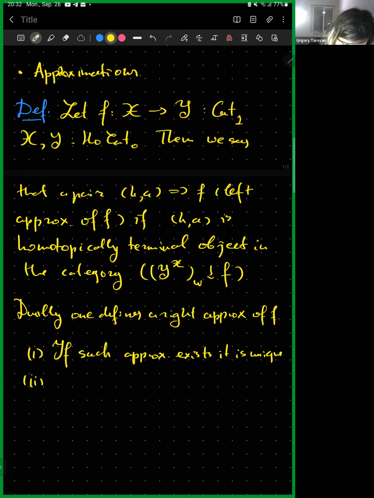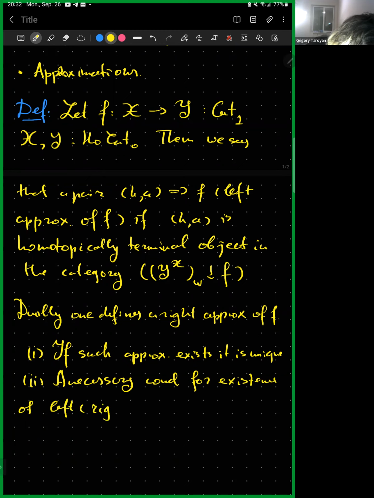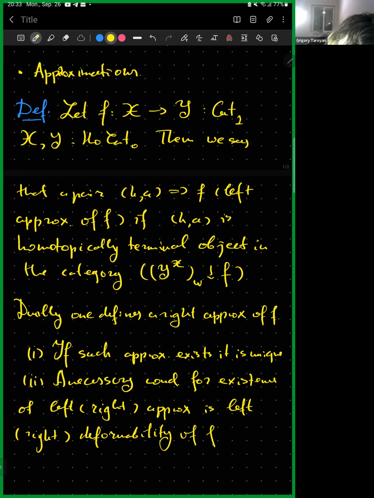A necessary condition for existence of a left or right approximation is left or right, respectively, deformability of F.